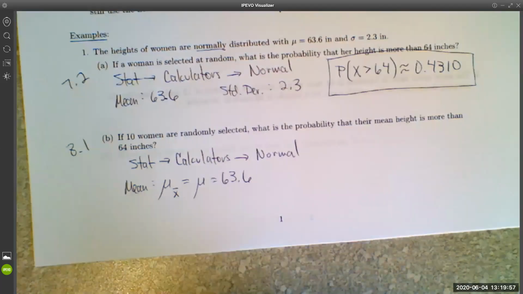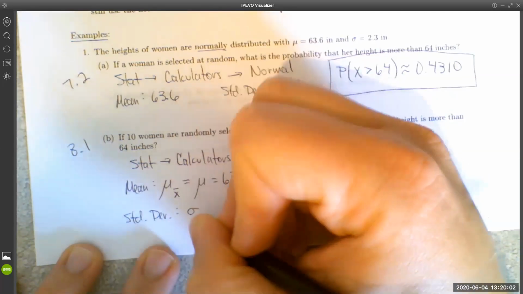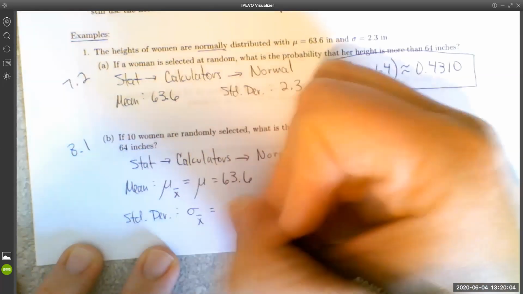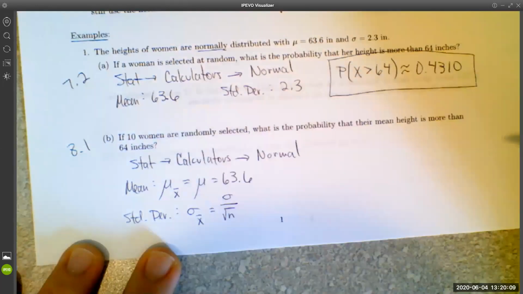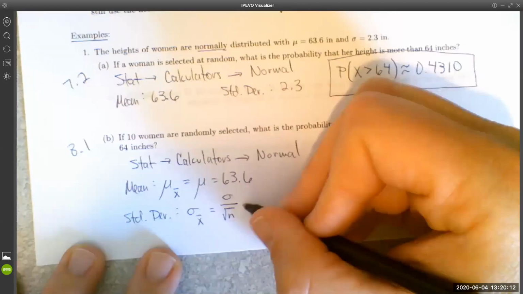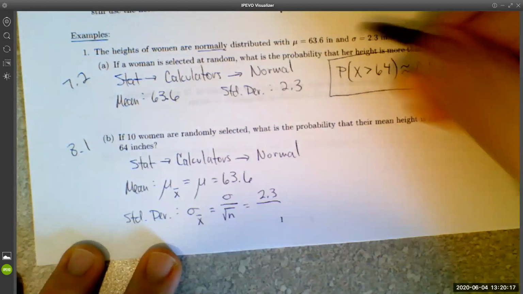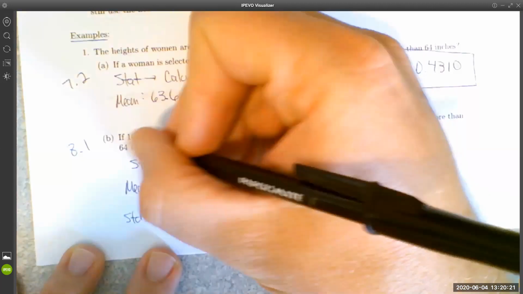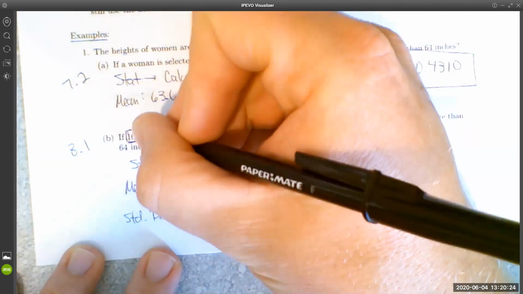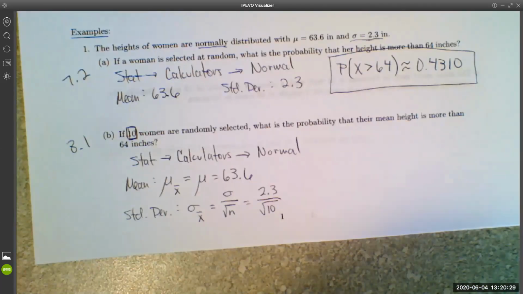But the standard deviation of the sample means is equal to the population standard deviation divided by the square root of the sample size. So that's going to be 2.3 divided by the square root of n, and there are 10 women in this particular sample, so divide by the square root of 10. Let's see about how much that is.